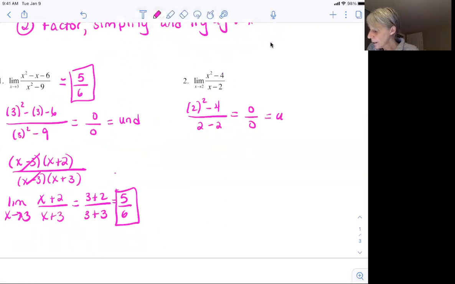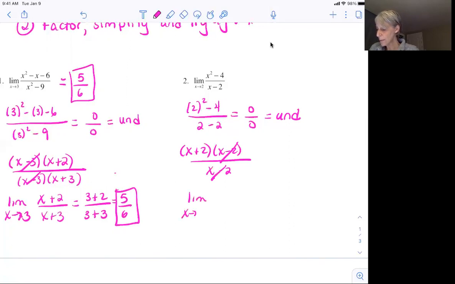This is undefined. So we're going to factor, and reevaluate the limit in simplified form. So our answer for this problem would be 4.